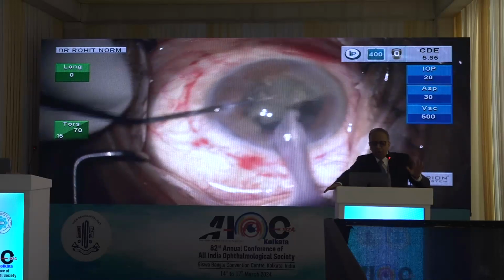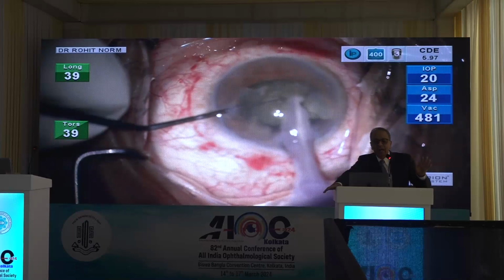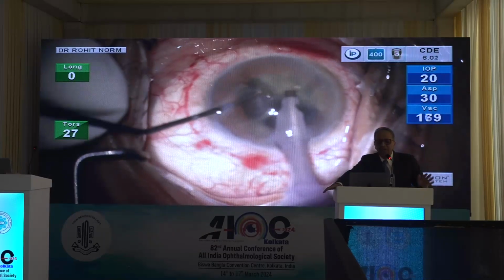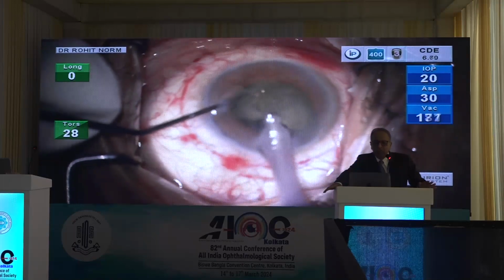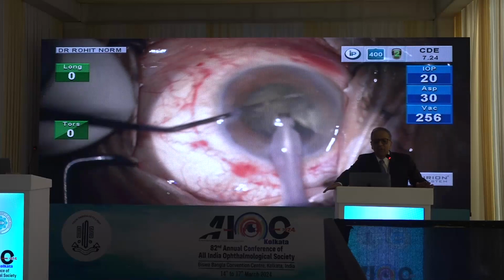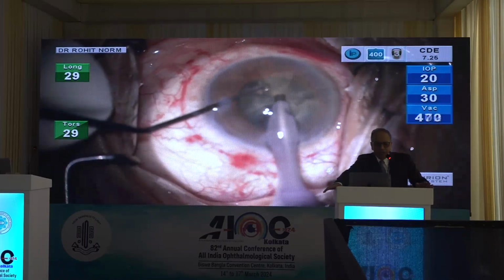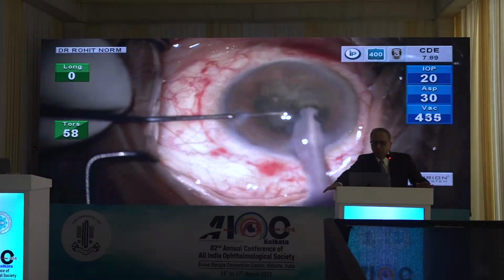So this low fluidics is helping me create a situation wherein I am not letting any vitreous face be broken whatsoever. I am doing slow motion phacoemulsification at the level of the iris and slightly anterior to it because I knew that it is a soft cataract, and the process is being continued without any problem whatsoever.